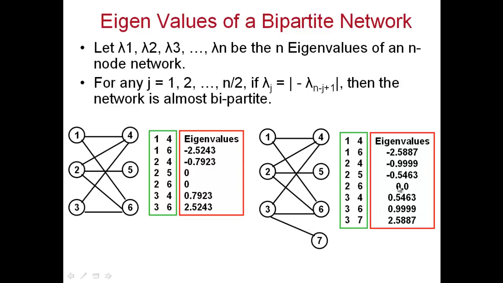It's only for the 0 that you don't have an image, but it is standing in between the negative values and positive values. So that's what you would expect to see for the eigenvalues of a graph with an odd number of vertices. It will definitely have a 0 as one of the eigenvalues, with the negative eigenvalues below it and the positive eigenvalues above it.